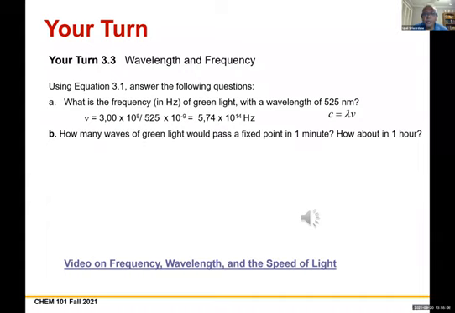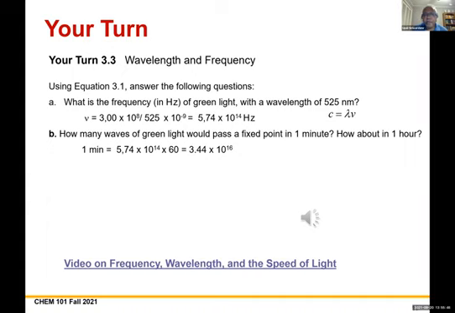So how many waves of light would pass through one fixed point in 1 minute? That is the frequency. In 1 minute, we have to find out how many seconds are in a minute. 1 minute has 60 seconds, so the time is multiplied by 60.